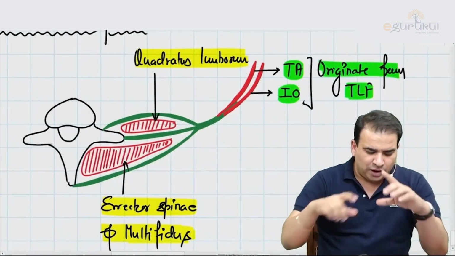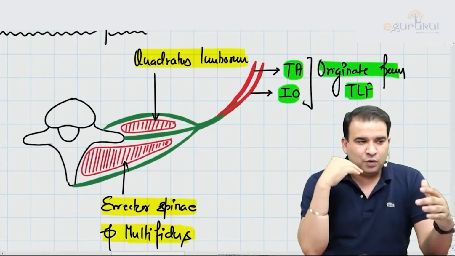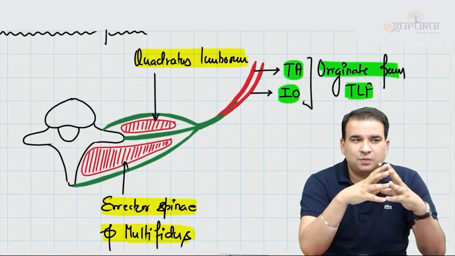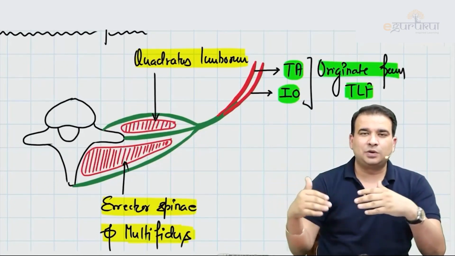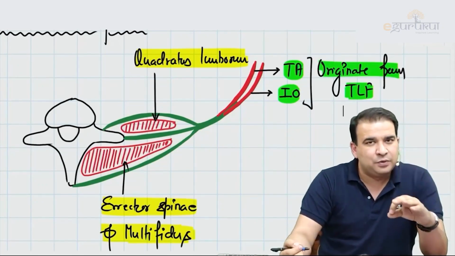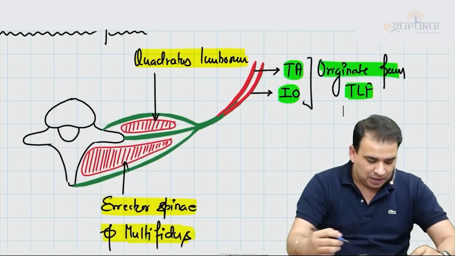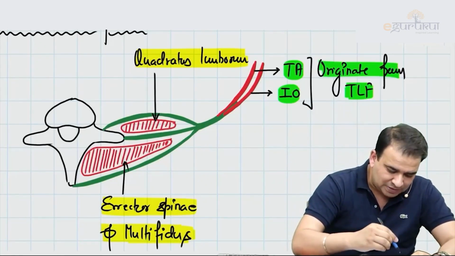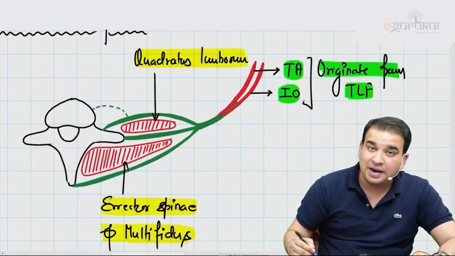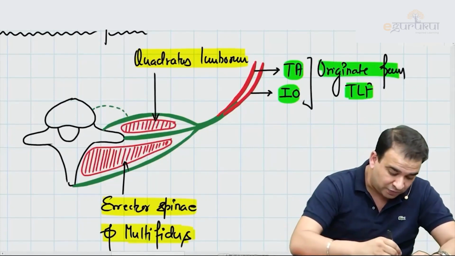And coming to the point where I'm saying that if you get a real-time transverse section of the posterior abdominal wall, you will not have all these colors to distinguish between the anterior and posterior lamina. So sometimes people might confuse this with the psoas major fascia. Now guys, psoas major fascia will be present something like this. I'm just putting a dotted line around it. You will see it extending from the vertebral body to the anterior lamina of the thoracolumbar fascia.